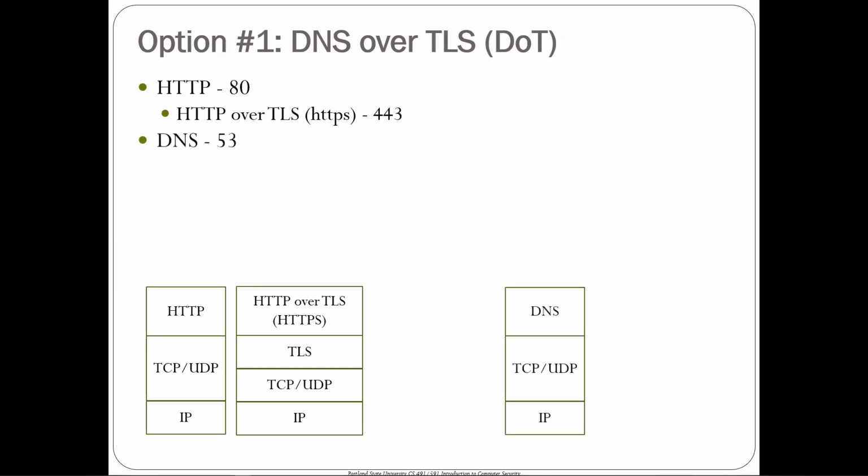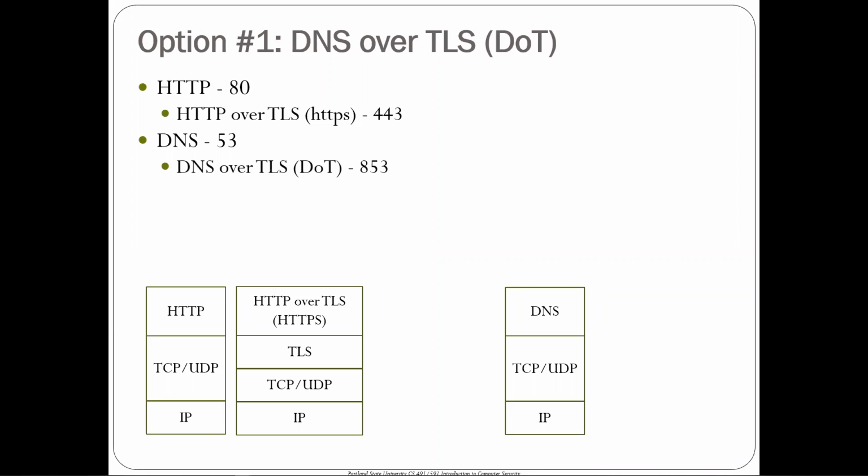DNS is similar. We have DNS, and DNS can go over TCP or UDP, and that's on top of IP. And this is all sent in the clear. So DNS over TLS was like, oh, that's a good approach that HTTP took. Let me do the same thing.